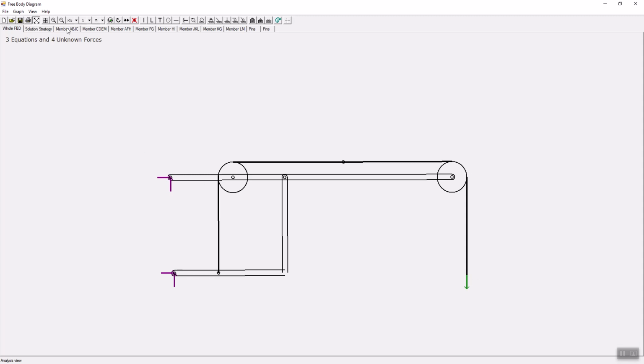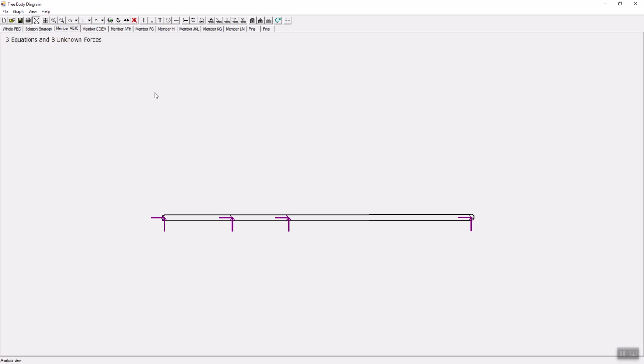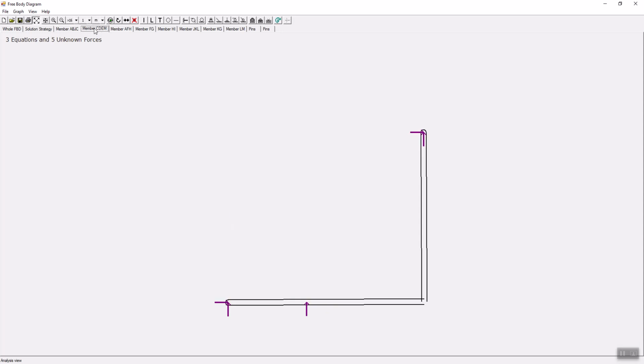This is the top horizontal member, which has 1, 2, 3, 4, 5, 6, 7, 8 unknown internal forces. We look at the L-shaped member. On that we have 1, 2, 3, 4, 5 internal forces.